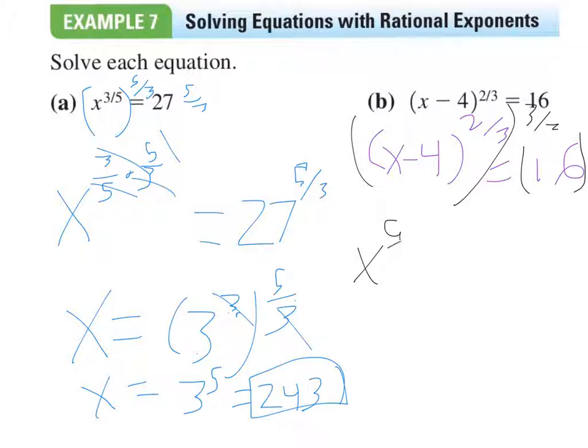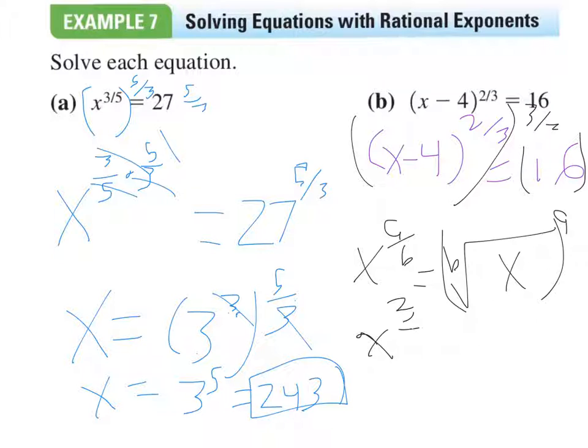When you have some exponent a over b, that's like having the bth root of x raised to a power of a. So since we're raising x to the 3/2, that's like having the square root of x and then cubing it.